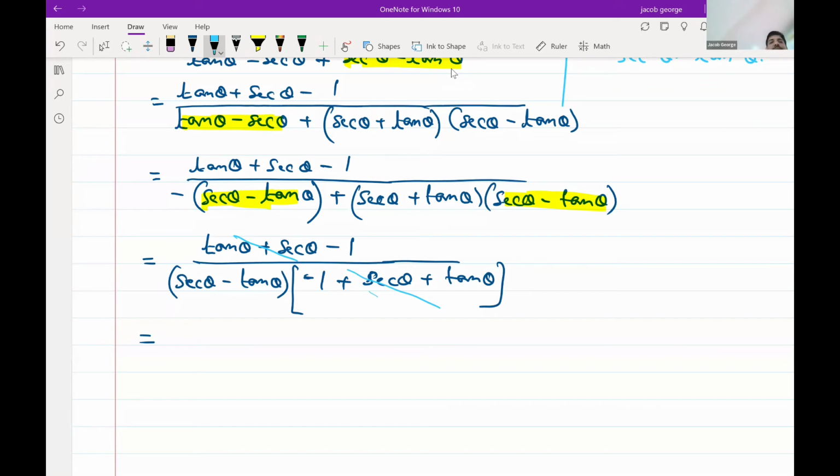The remaining expression is 1 by sec theta minus tan theta. Hence it is proved. This is the complete answer to this question.